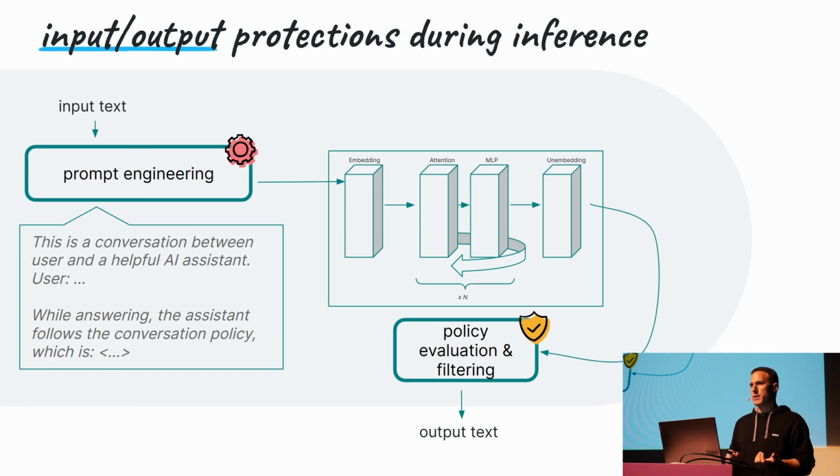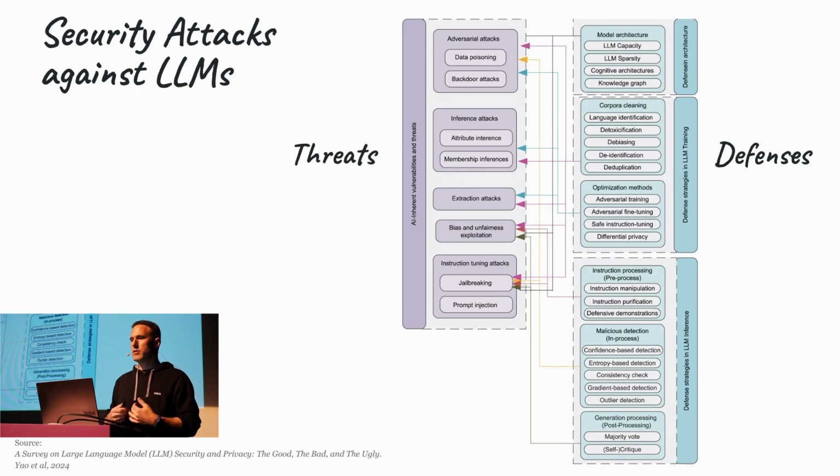Of course, people have found a way to bypass these protections. There is a whole class of attacks that are being experimented and really executed on large language models. Playing with the prompt is the most obvious one.